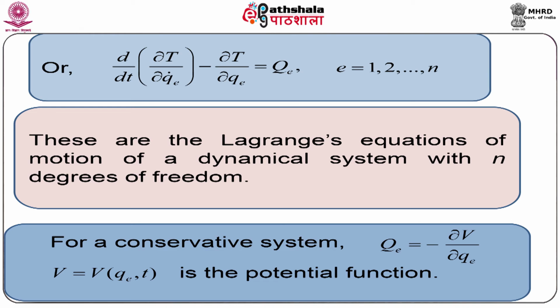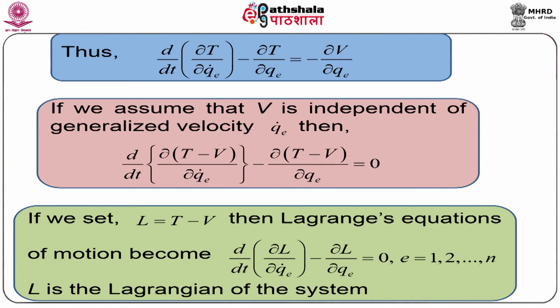V is the potential function, we have already mentioned it. Thus, the Lagrange's equation of motion can be written in this form: d/dt of ∂T/∂q̇_e minus ∂T/∂q_e equal to minus ∂/∂q_e operated on V. Here we have just substituted the expression for Q_e and obtained this equation.